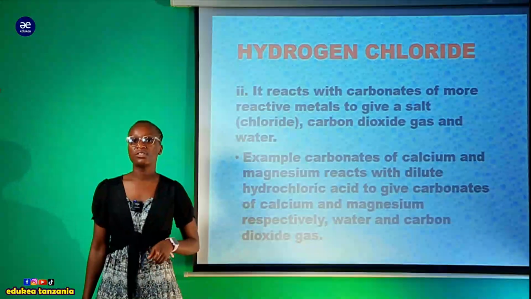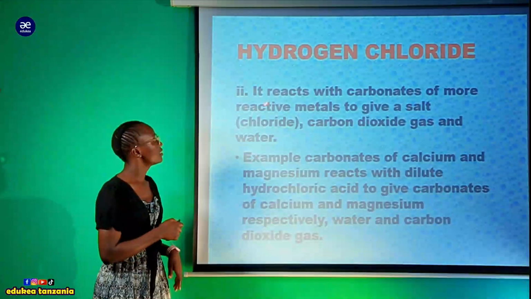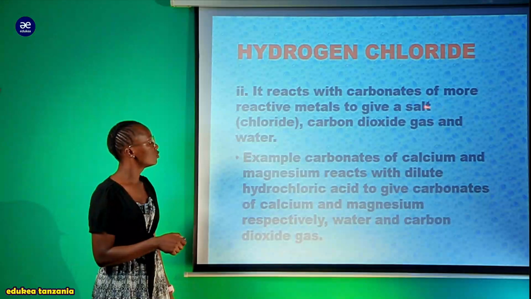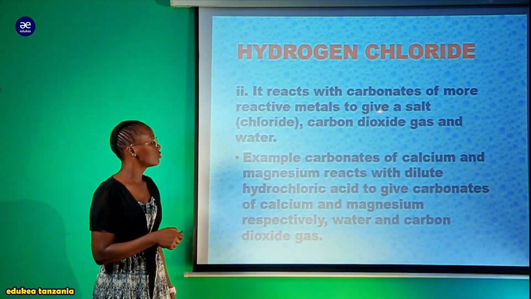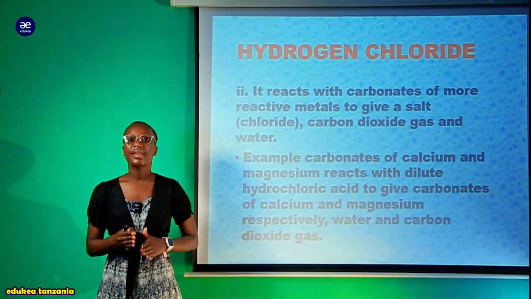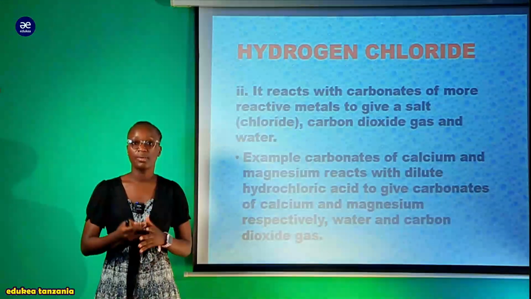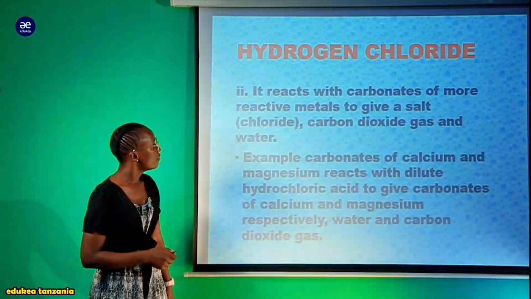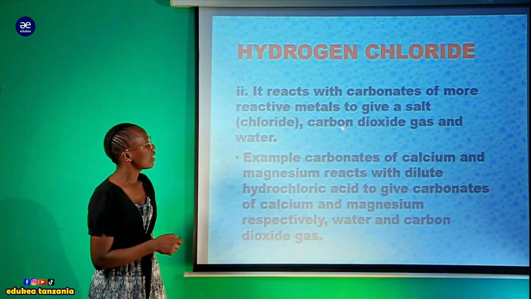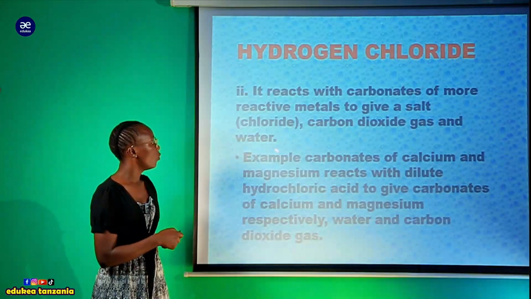Another chemical property of hydrochloric acid is it reacts with the carbonate of more reactive metals to give a salt, kwamba yenyewe ina react with carbonate of more reactive metals kupata salt. For instance, we have the carbon dioxide gas and water.